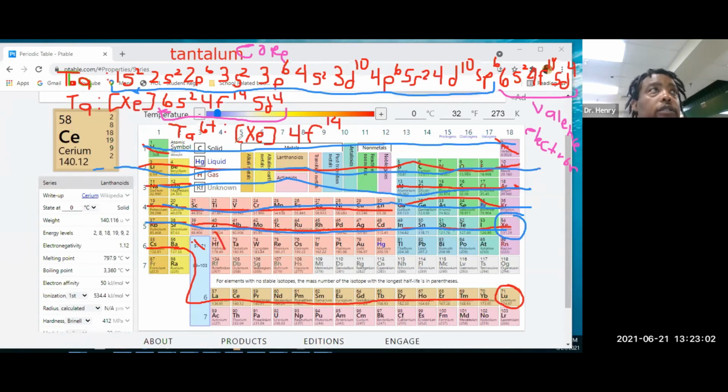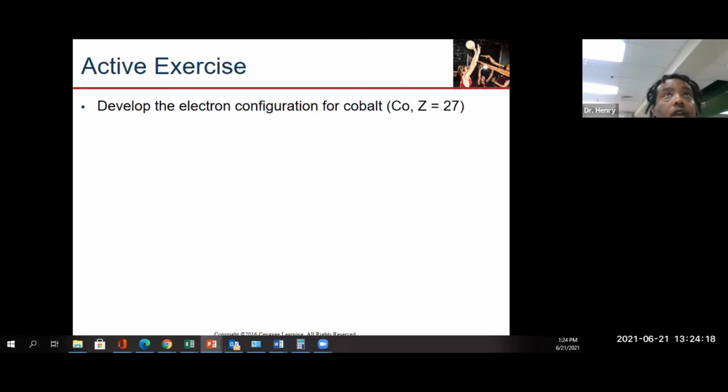Okay, so let's move a little bit forward. If we're writing the electron configuration for cobalt, what would it be? The short way. Are you guys there? Yes.